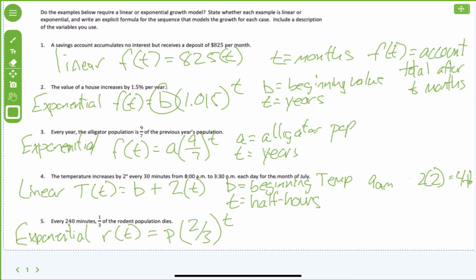I like how you are now calculating every aspect of the question. But T is what? What's 240 minutes? Is that 4 hours? Yeah. So T is going to equal every 4 hours or 240 minutes.